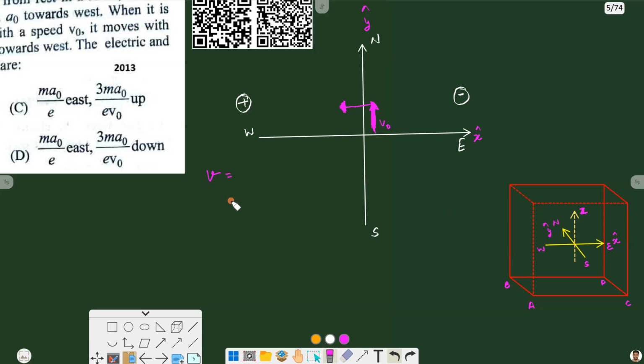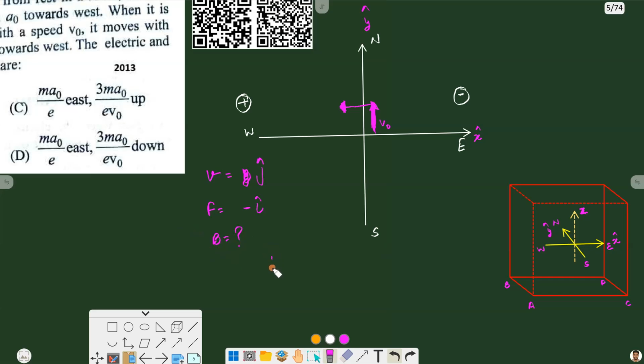So now coming to our question, our velocity is in the Y direction, or north. So velocity is in the Y direction, or we can say J. Now the force is towards the west, which means the negative side. So force is in minus I, and we have to find out the direction of the magnetic field.